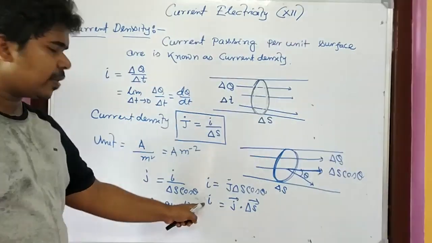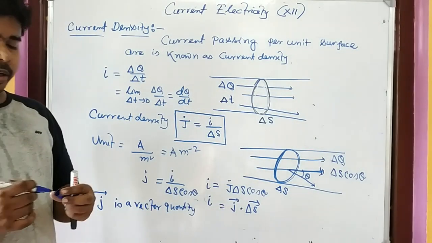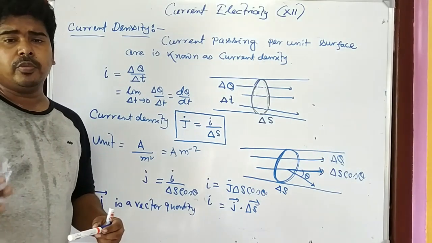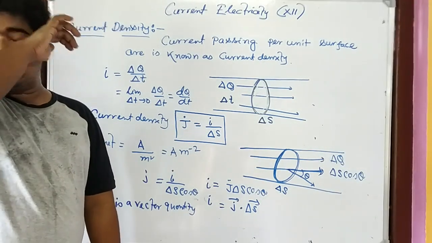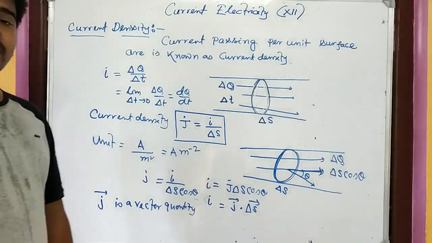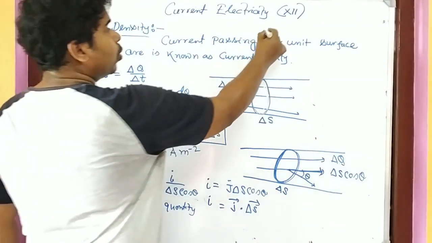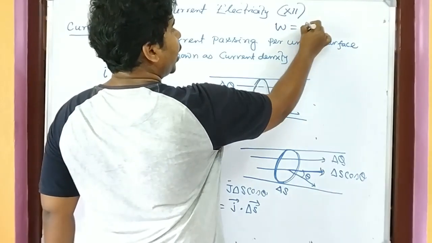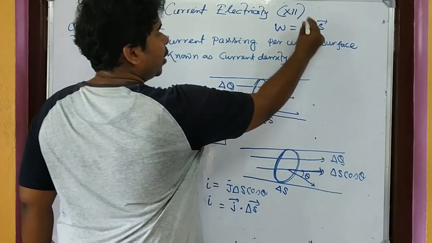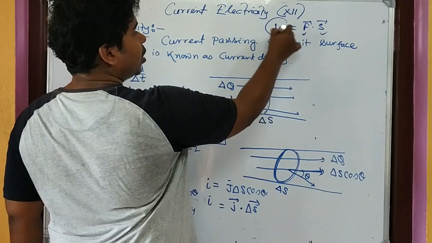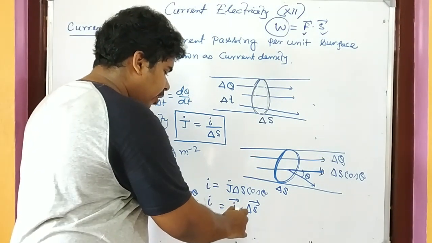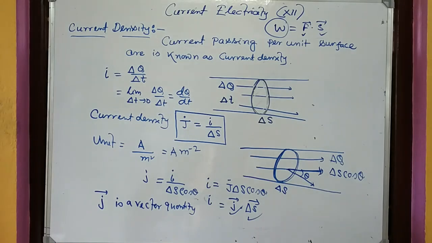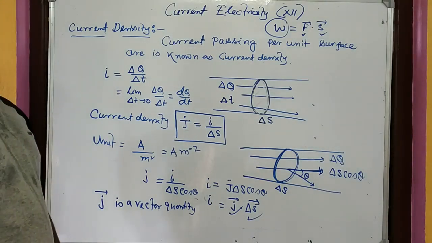We know that a quantity which comes from the dot product of two vector quantities should be a scalar quantity. Just like work done, W equals F dot S. F is a vector quantity, S is a vector quantity, but W is a scalar quantity. Here also J is a vector quantity, del S is a vector quantity, but current is a scalar quantity.